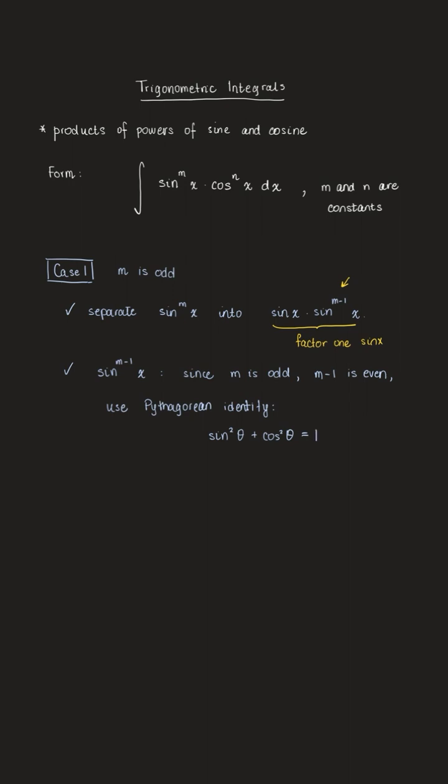And so since we have an even power here of sine, we will use the fact that sine squared theta is 1 minus cosine squared theta and do a substitution. And then the final step here, and it'll make a lot more sense when I do an example, will be to do a u substitution. And ultimately, the sine that we factored out initially will be part of our du in our u substitution.